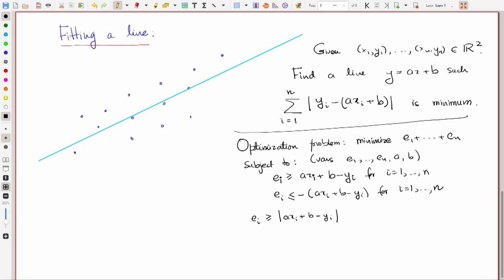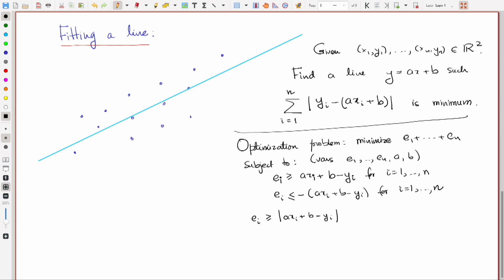Now, suppose you find an optimal solution for this, then if any of these e_i is positive, then you should be able to reduce it further and get a better solution. So, in an optimal solution it will turn out that these e_i are actually 0. Otherwise you could decrease it, and then the resulting a, b will give you the best fit line.